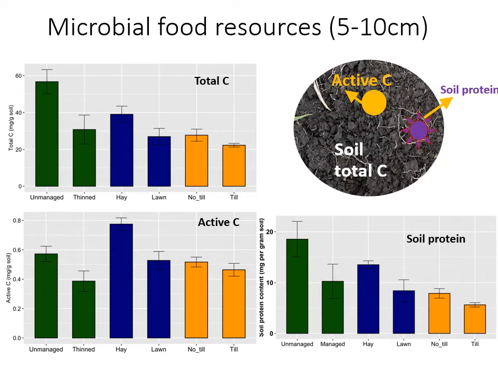When we look at the 5 to 10 centimeters, soil carbon and protein content follow a similar declining pattern along the management gradients, but the differences among management systems become smaller as compared to the top 5 centimeters. And for POX carbon, there are no distinct differences among land uses.